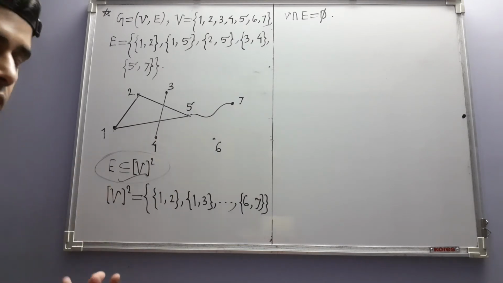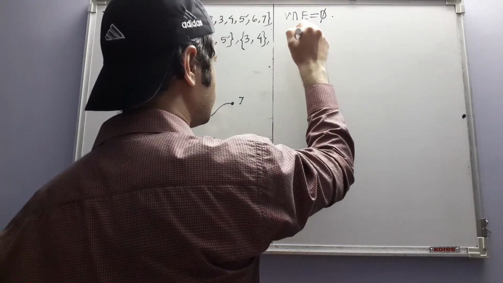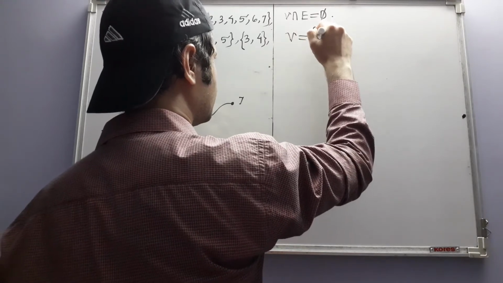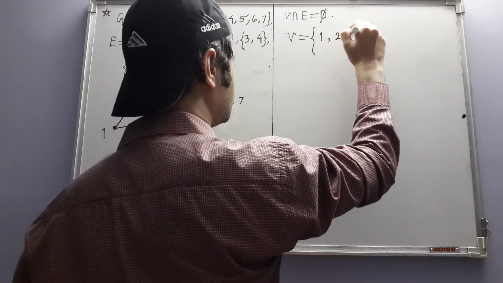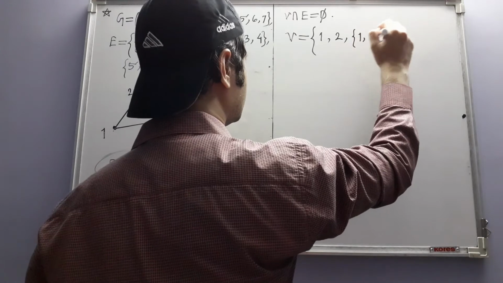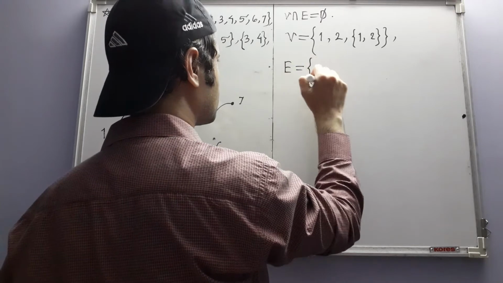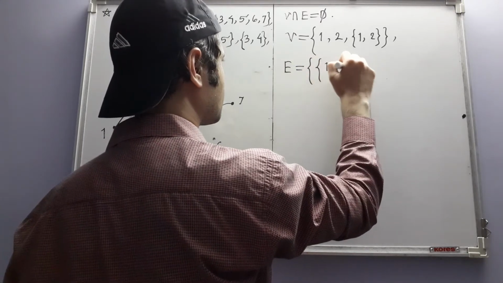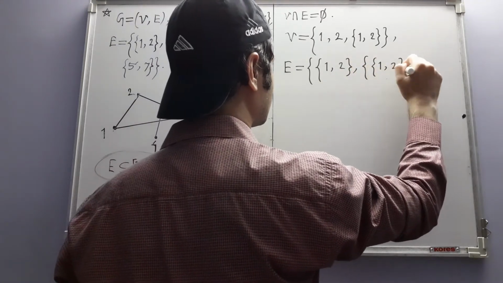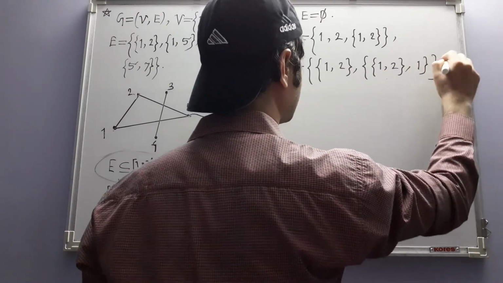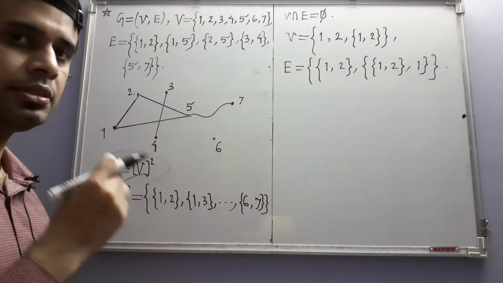And yes, we can. And one such situation is this. Say we have V equal to {1, 2, {1, 2}}. V is any set.